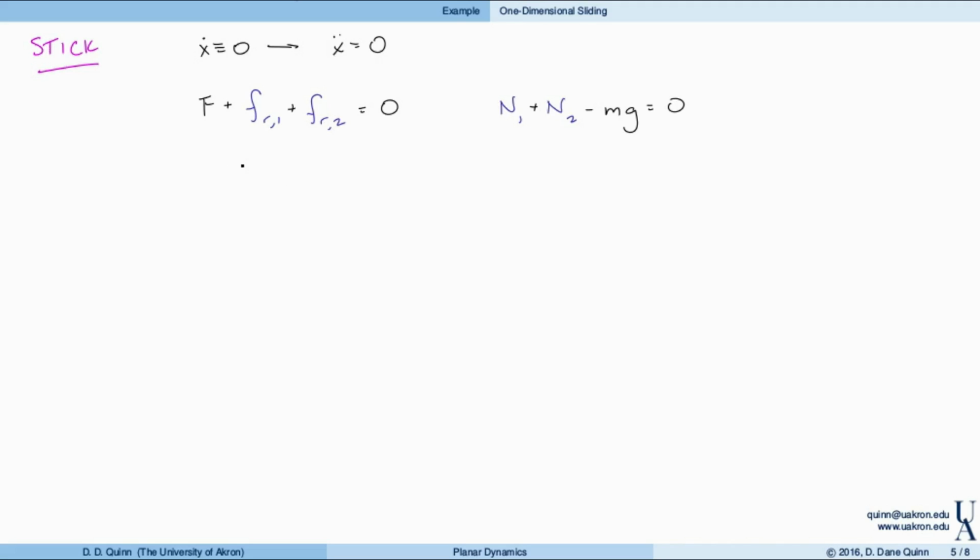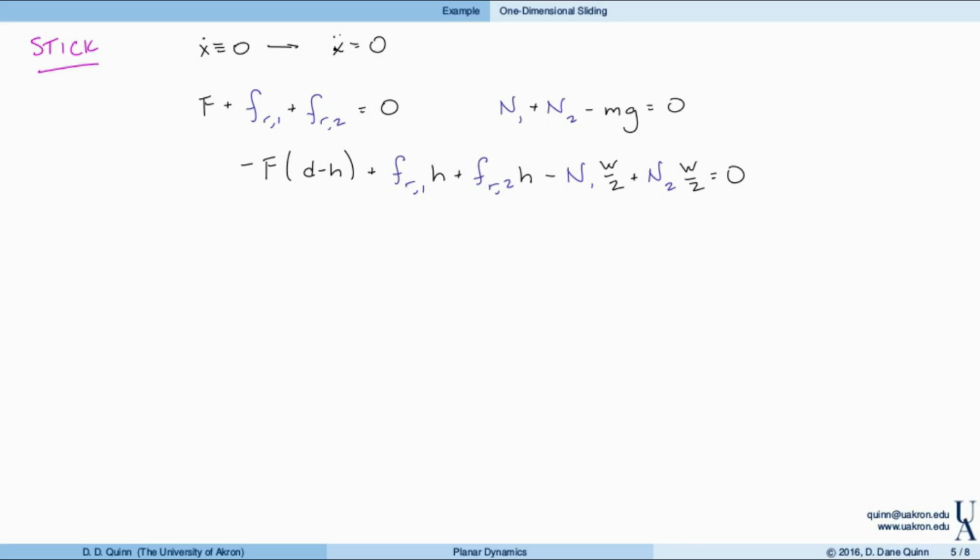Then angular momentum balance is minus F times (d minus h) plus Fr1 times h plus Fr2 times h minus N1 times w over 2 plus N2 times w over 2 equals 0.